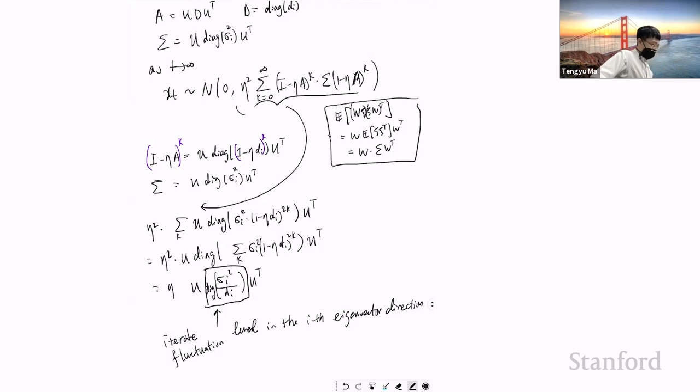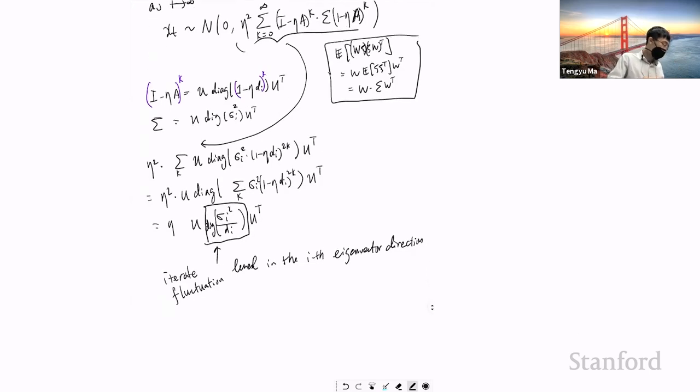Another small remark that is useful is that this matrix, U d_i sigma_i squared d_i U transpose, is always in the span of sigma. Suppose capital sigma is low rank, so in some direction there's no noise, and in those directions the x_t doesn't have any fluctuation either. That will be useful for us in the future.